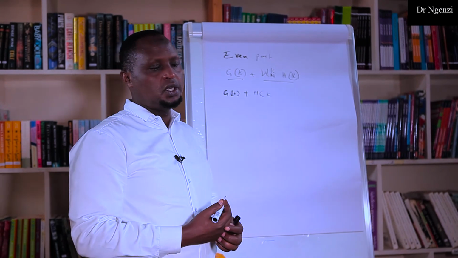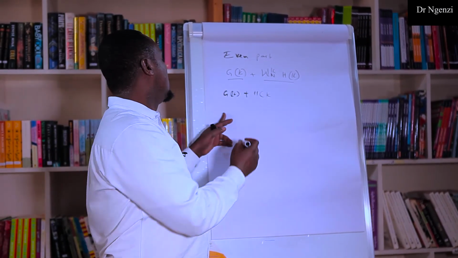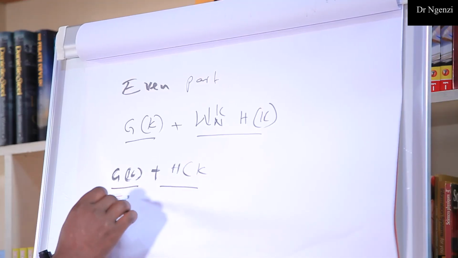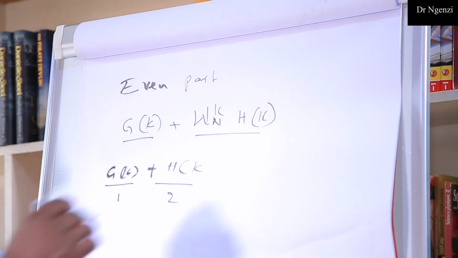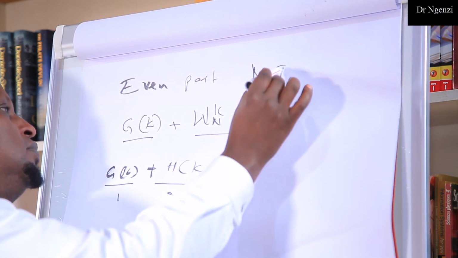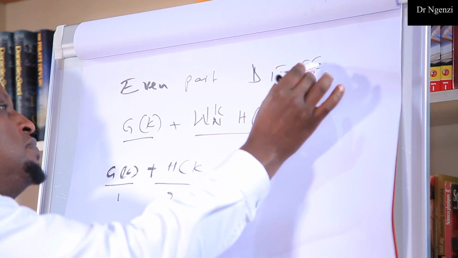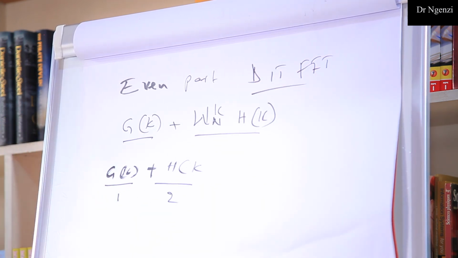And this is the 2-point DFT of each sequence. So there are going to be 2 points, one point, then second point. That's what we explained. We are still on DIT, which is decimation in time, using the Fourier transform algorithm.